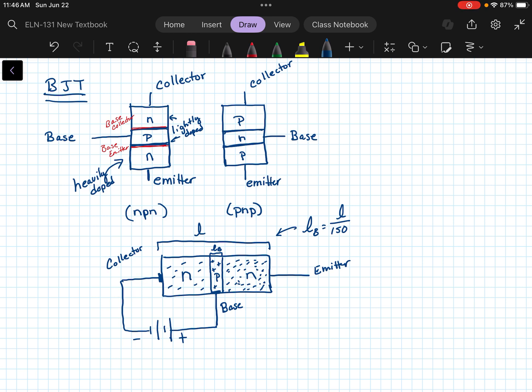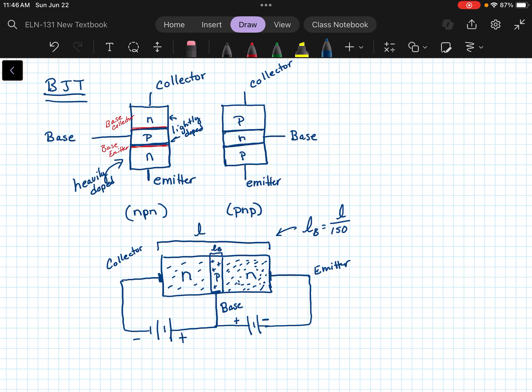And we're going to do the same thing on this side. So the positive side would go to the base, and the negative side would go to the N-type material at the emitter. All right.